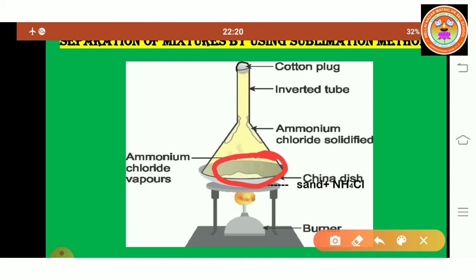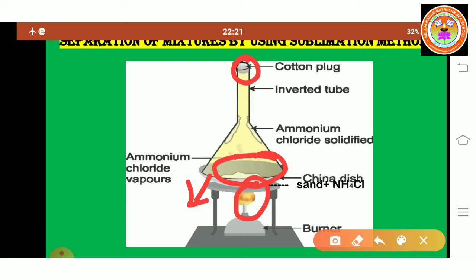An inverted funnel is placed over the china dish. The open end of the stem of the funnel is closed using cotton. Next, we heat the mixture with the help of a burner.